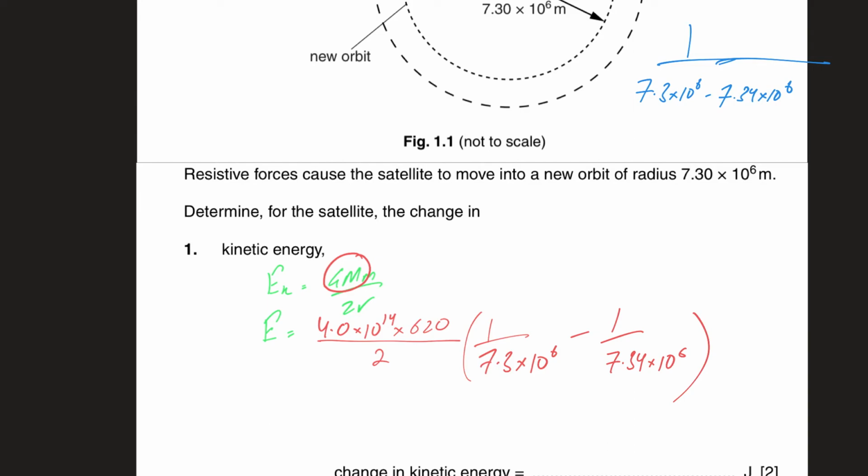Find the kinetic energy using the old radius, and the kinetic energy using the new radius separately, and then subtract the two. This will give me a value of approximately 9.26 into 10 to the power 7 joules.